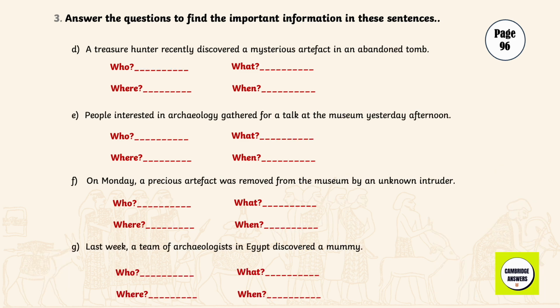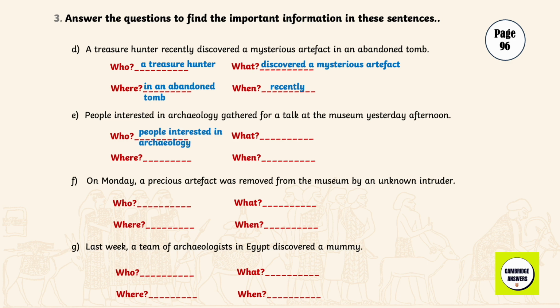Answer the questions to find the important information in these sentences. A treasure hunter recently discovered a mysterious artifact in an abandoned tomb. Who, a treasure hunter. What, discovered a mysterious artifact. Where, in an abandoned tomb. When, recently. People interested in archaeology gathered for a talk at the museum yesterday afternoon. Who, people interested in archaeology. What, gathered for a talk. Where, at the museum.